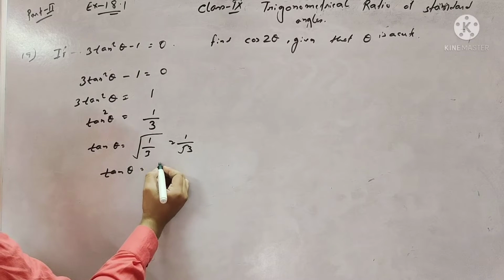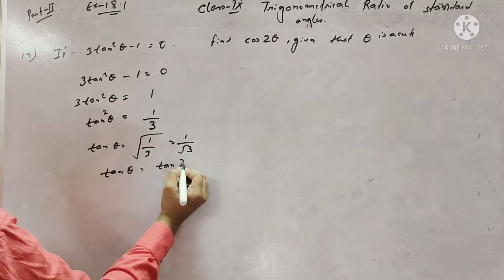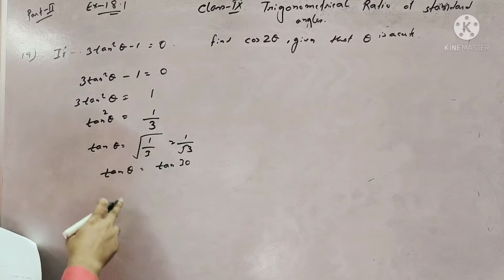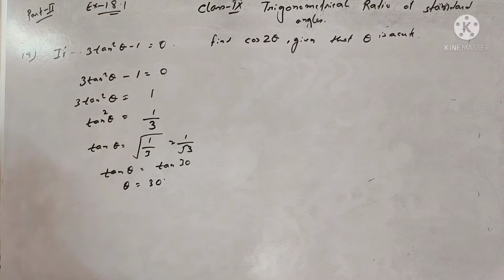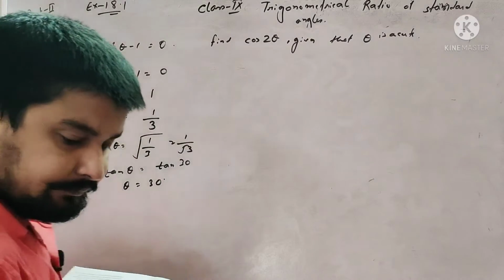We know that the value of tan 30 is 1 by root 3. So tan cancel, theta equals 30 degree. Okay, note.